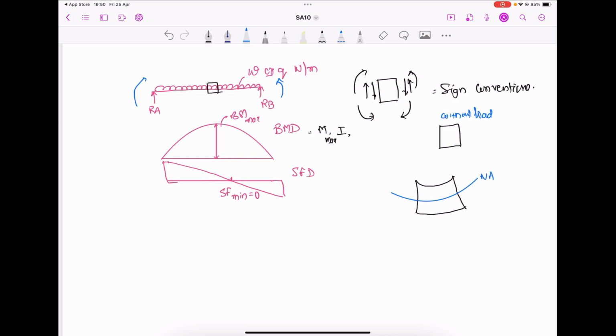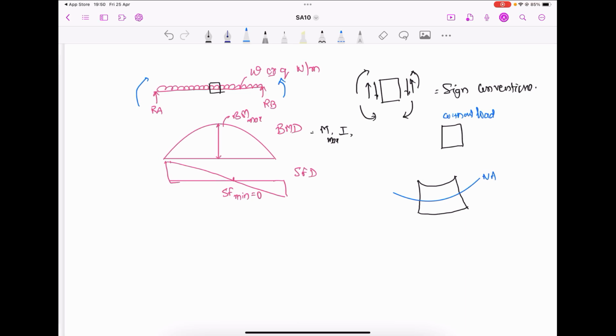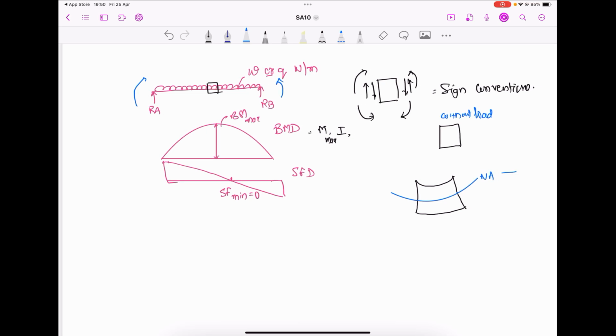Along the neutral axis, the length of the fiber, this is the beam height H. This is the beam width B. What we have considered here is a rectangular beam. What is the I?